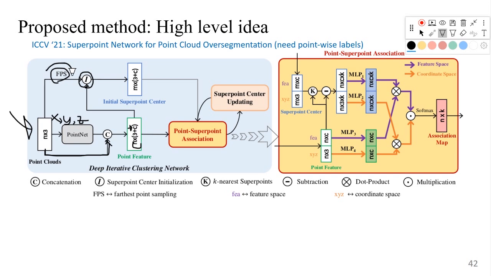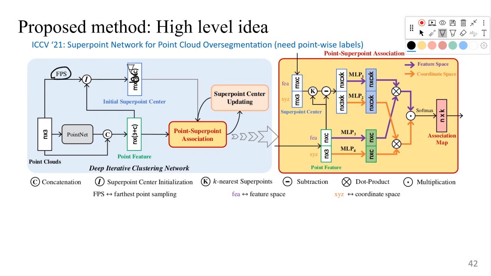After we sample using FPS, we have M superpoint centers. Let's give some numbers. For example, the number of points n is 1 million, and we sample, let's say, 1k superpoints. This corresponds to the centers of the superpoints. To get this xyz, we apply FPS.